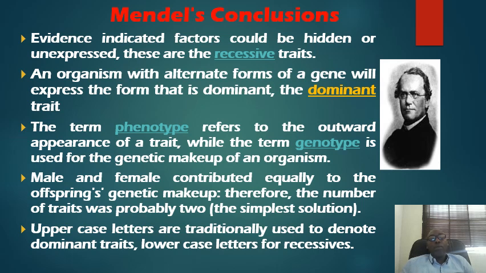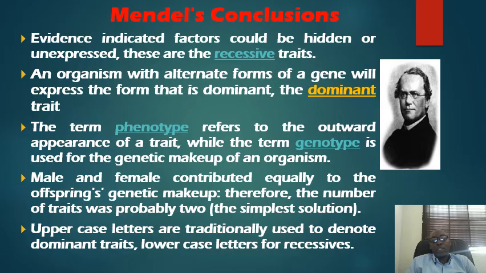The term phenotype refers to the outward appearance of a trait, what you see, the physical appearance of the trait. While the term genotype was used to describe the genetic makeup of the organism. He also concluded that male and female contributed equally to the offspring's genetic makeup.